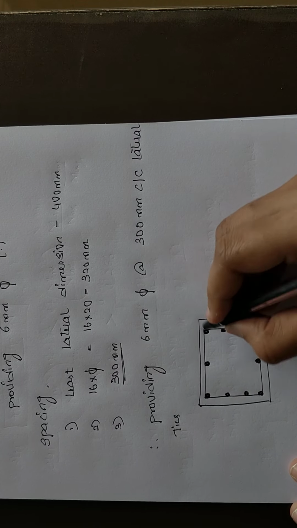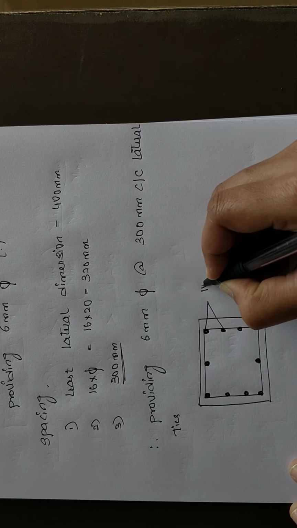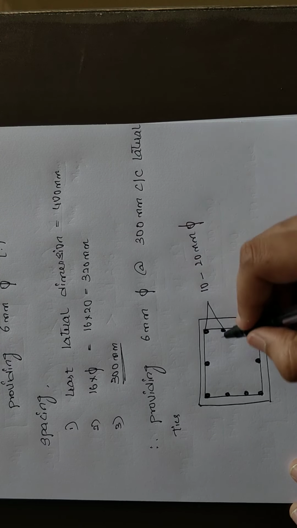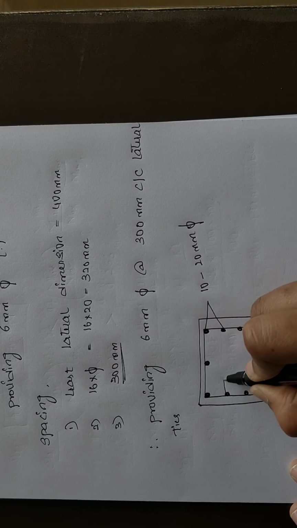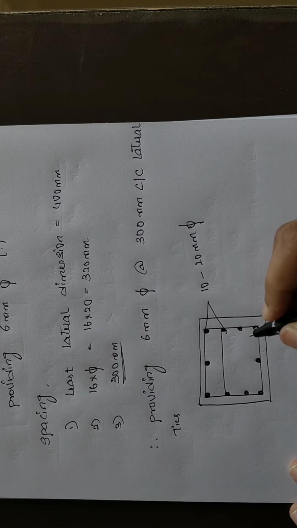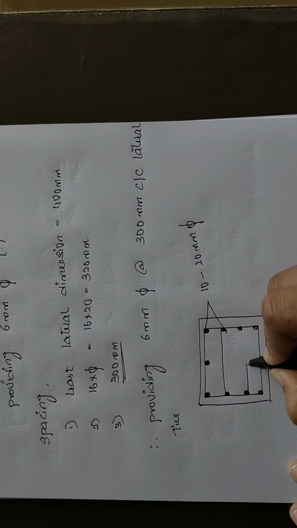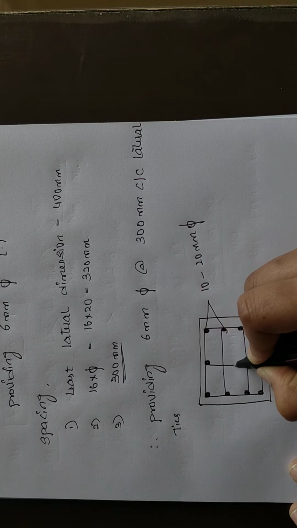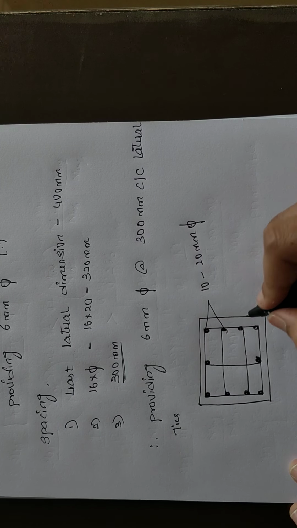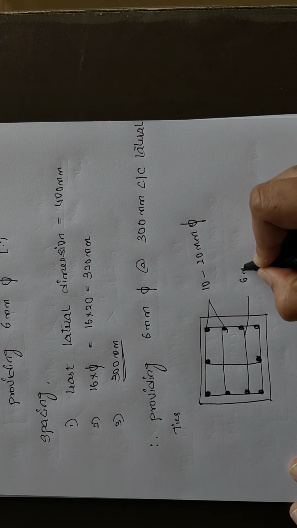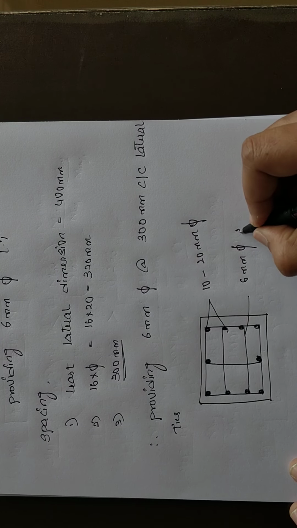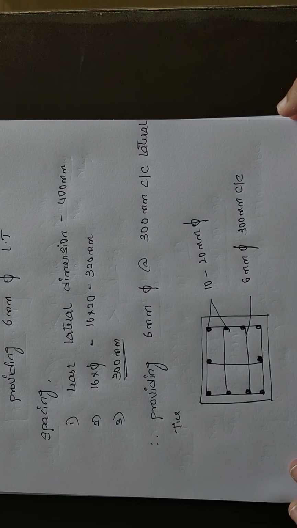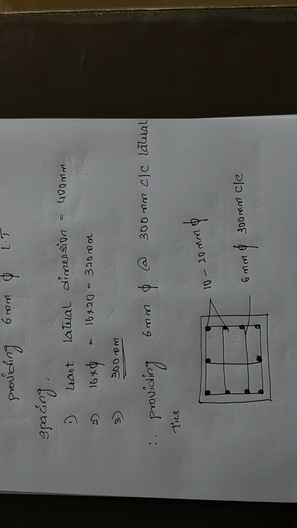Count it, 10 bars of 20 mm dia, and the lateral ties you need to provide. These are 6 mm dia, 300 mm center to center lateral ties. Thank you.